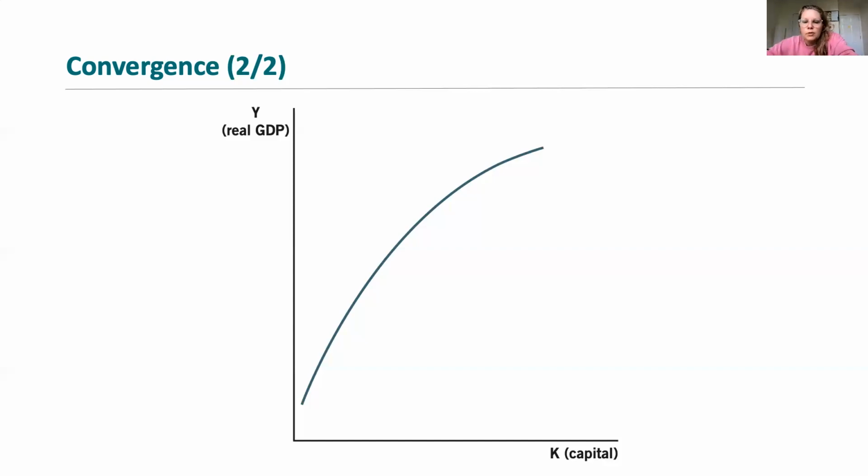So let's consider 1980, right, the United States had a lot more physical capital, factories, tools, machines than China did. And this is one reason why real GDP in the United States was much higher than China. But in the years since then, China has increased its capital stock substantially and has grown much more rapidly than the United States.